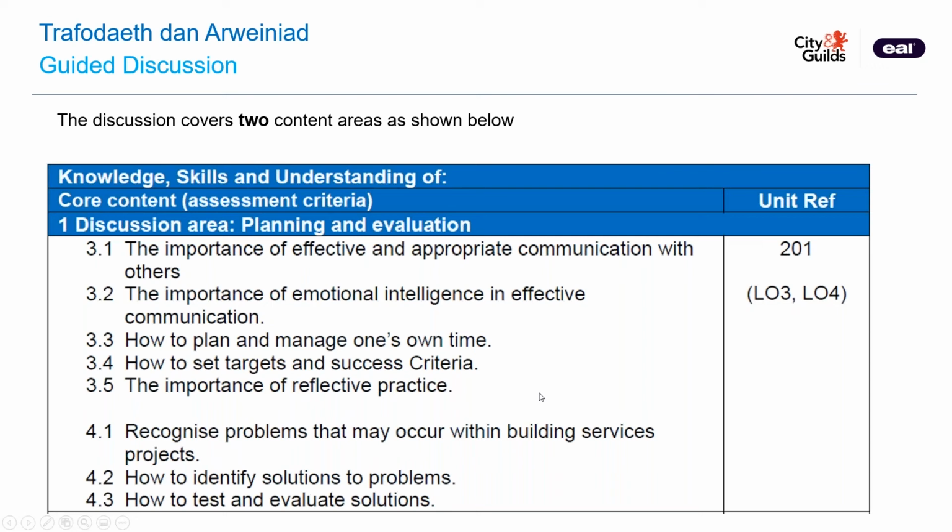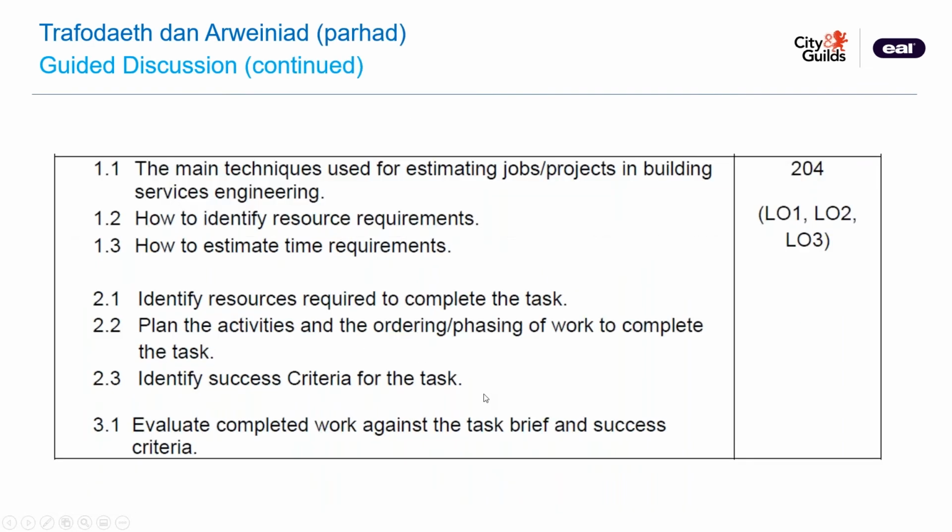It covers the importance of effective and appropriate communication with others, the importance of emotional intelligence and effective communication, how to plan time, how to set targets and success criteria, and the importance of reflective practice. So: I've done the job, but what could I have done better? And there are other parts of that brief and section there.